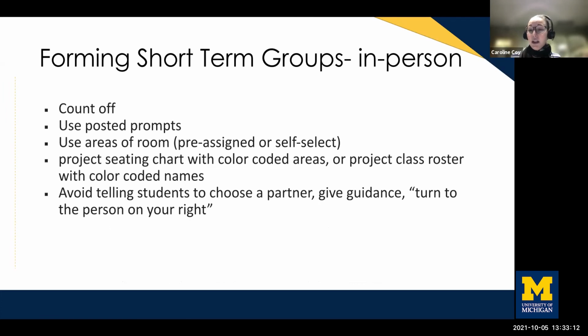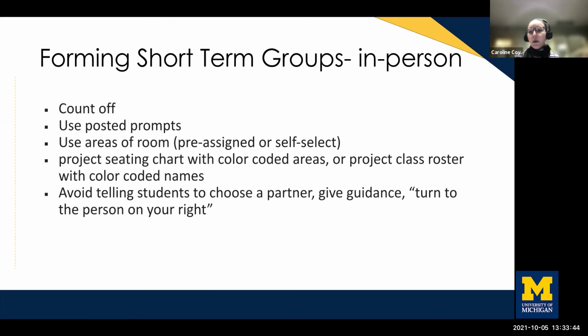I don't know a lot about your classroom space, but if you have the ability to post prompts in a room, you can tape up, for example, strongly disagree or strongly agree, and have students place themselves along that opinion continuum. Then depending on where they physically place themselves, you can ask them to gather in a small group and discuss. So there are some quick ways to form groups depending on your goals.